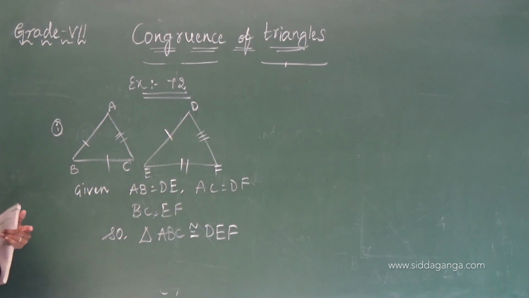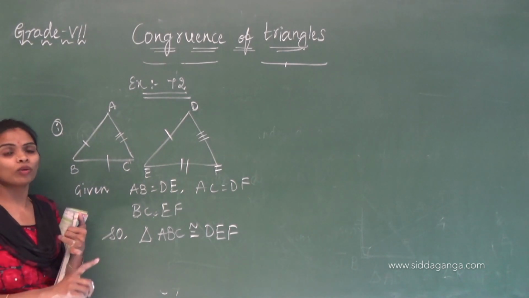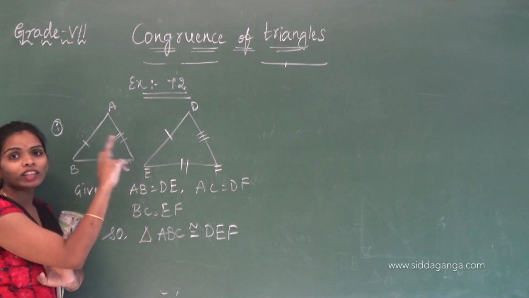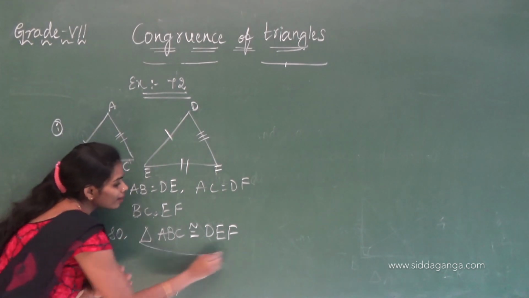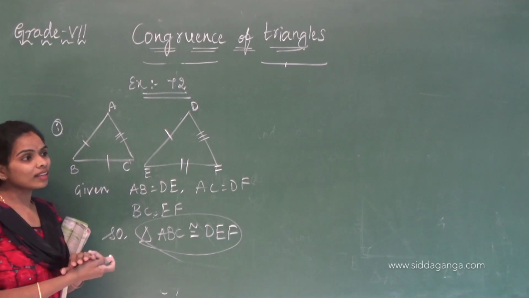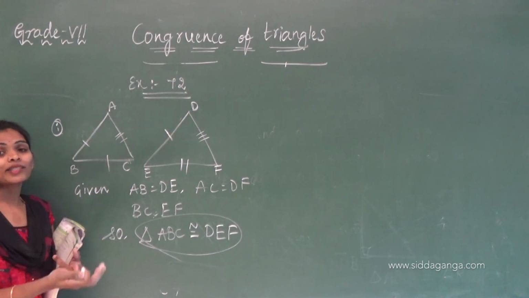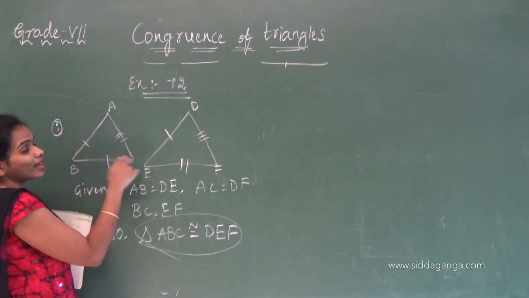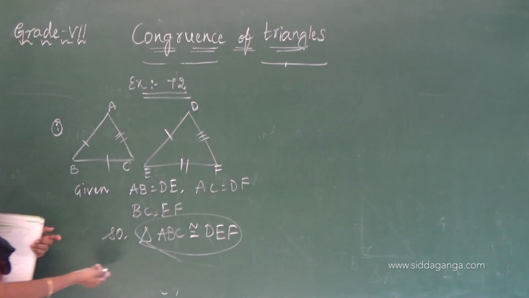Here, by using which property, you have to write the property first. By using which criteria: if the three sides of one triangle are equal to the three sides of another triangle, then they are congruent, by using SSS criteria. You have to write the definition once again.